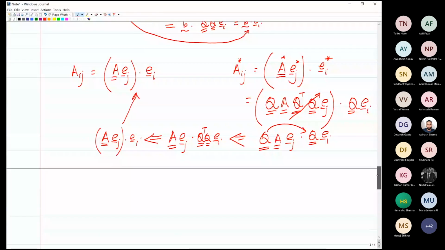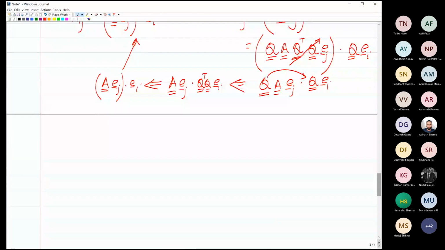For example, velocity. Is velocity objective? What's the definition for velocity? Velocity is simply del y by del t, keeping x fixed. Then what will be v star? v star will be del y star by del t, keeping x fixed.